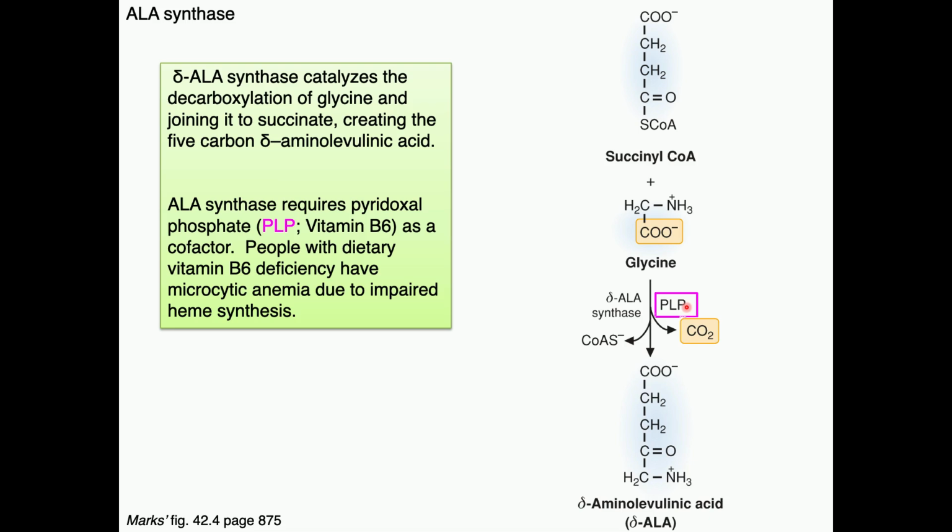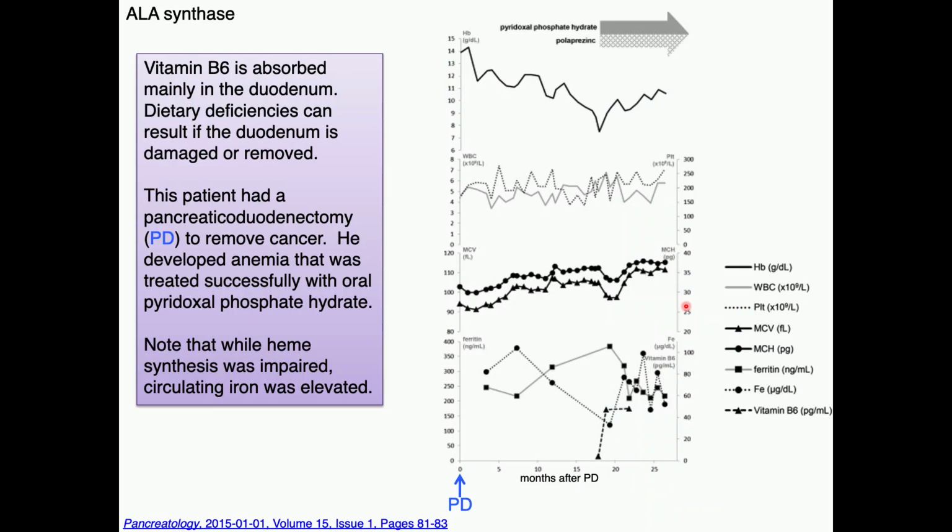So the dependence of heme synthesis on pyridoxal phosphate is illustrated by this clinical case where a patient had a pancreatoduodenectomy to remove cancer.